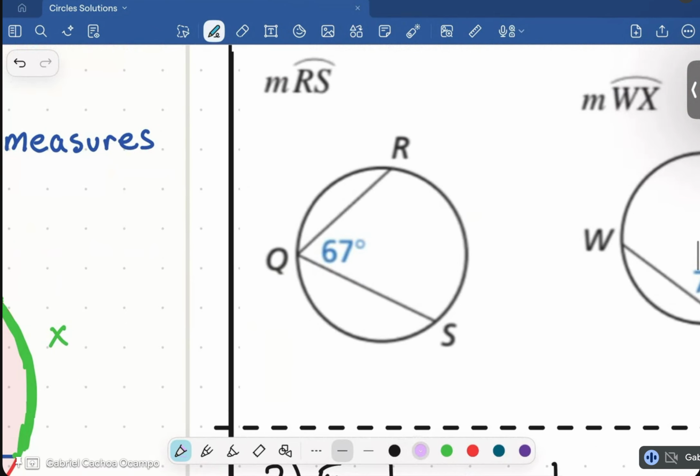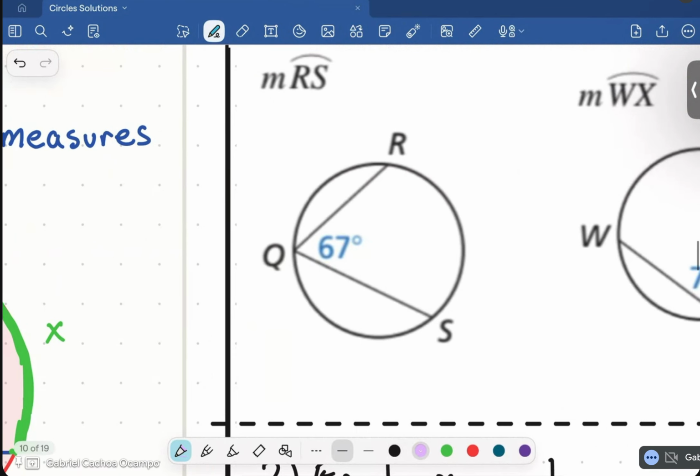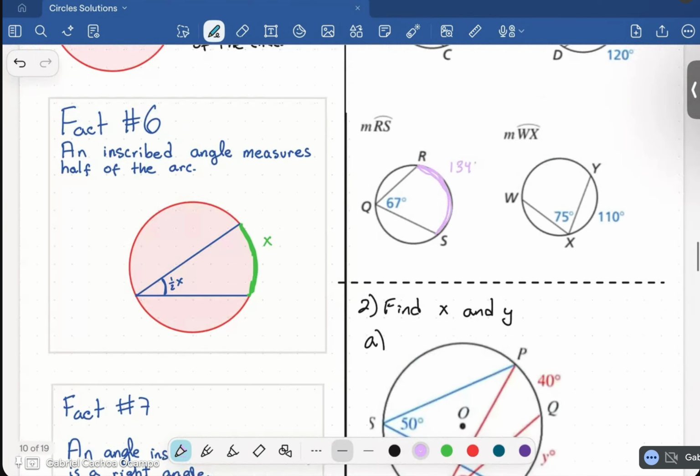If the inscribed angle measures 67, then the arc measures twice as much as 67. So this one measures 134. So that is one fact about inscribed angles. The inscribed angle and the arc are related as half of it, twice of it.